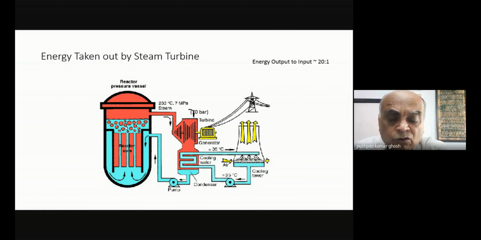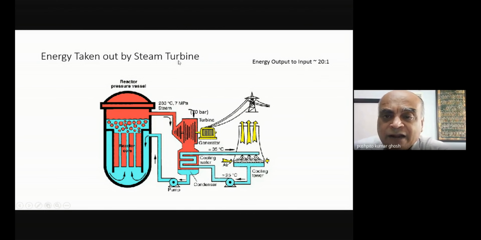Now, remember another thing, that in all of these things there's also an input of energy. For example, I have to run pumps, and it costs energy to run a pump. So obviously I'll have to look at how much energy I am producing and how much energy I am actually consuming in the process.